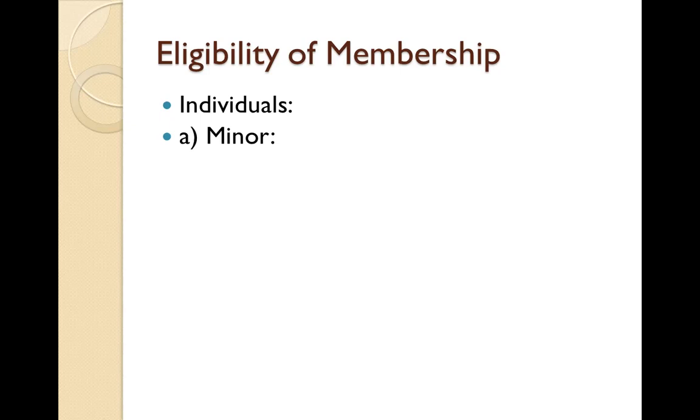A minor is not eligible for contract, so he is not eligible for membership, because a written contract is our first rule for eligibility of membership. So a minor is not in a position to contract.